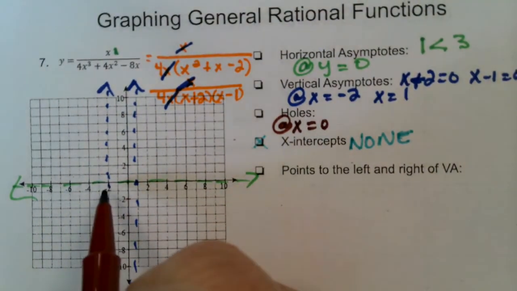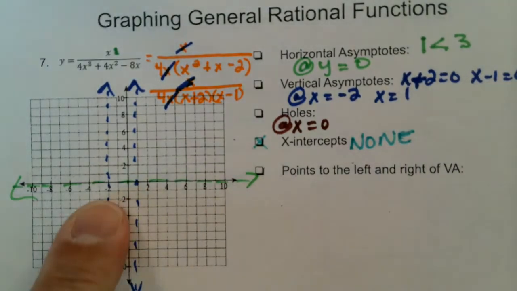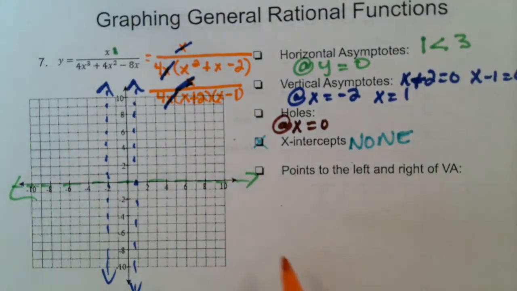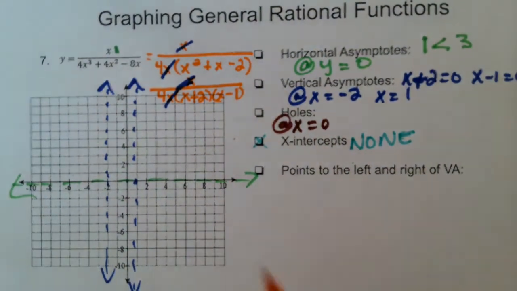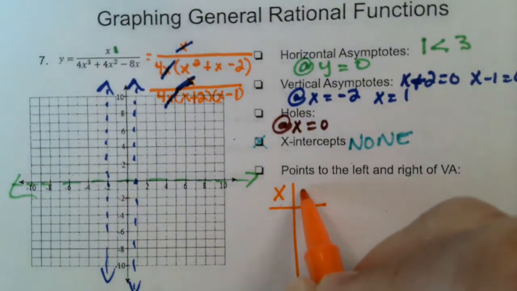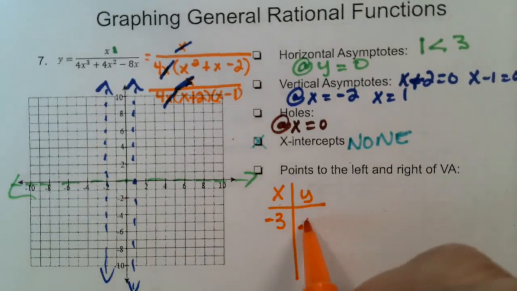To the left of my first vertical asymptote, I've got -3. If I substitute -3 in, you can use a calculator, I'm going to fast forward, I get -0.06.